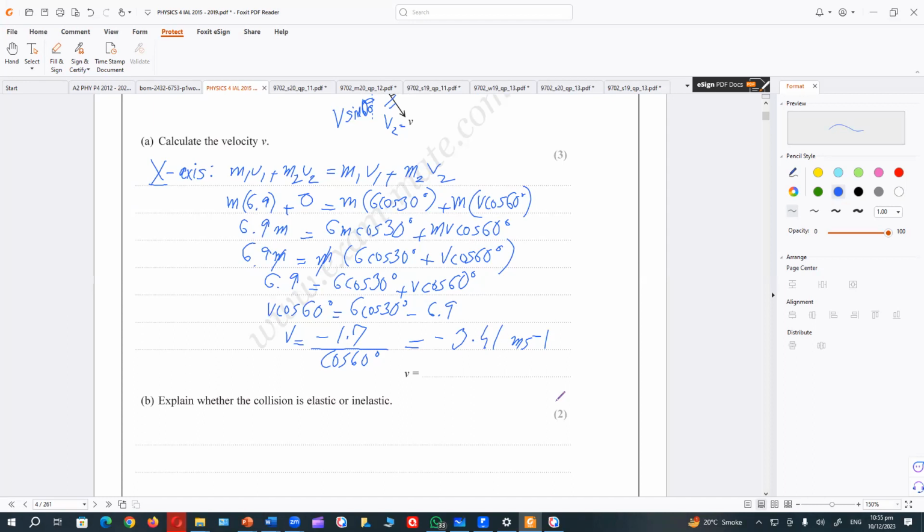Explain whether the collision is elastic or not. Elastic collisions need total kinetic energy before and after collision to be the same. Over here, it's the same because it's frictionless, I think. So can you scroll up so I can see the question?